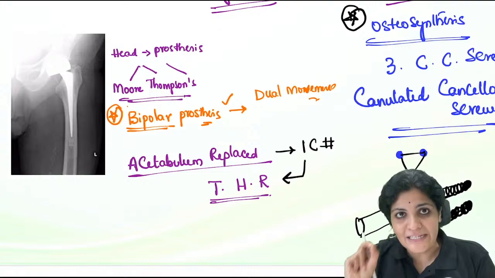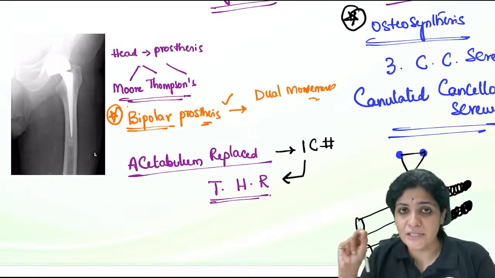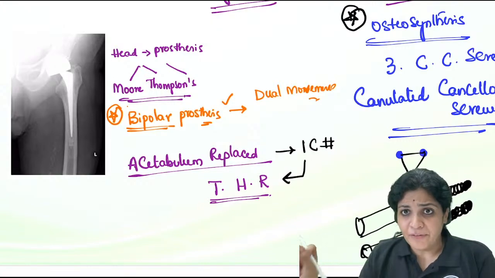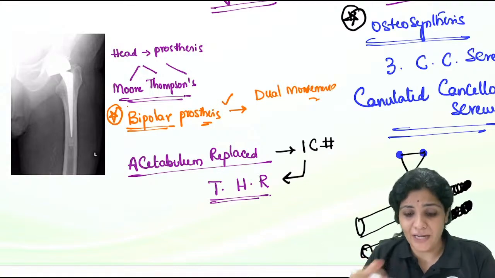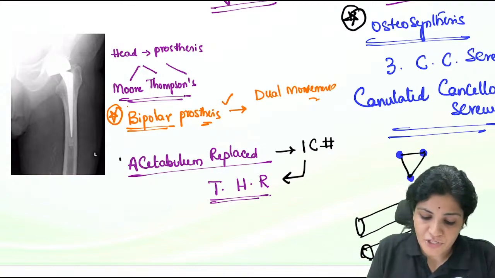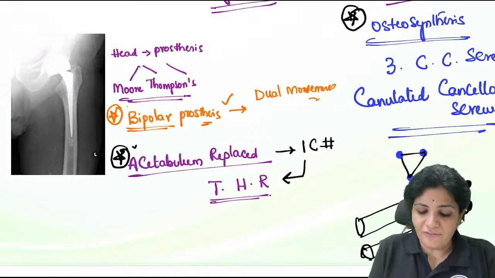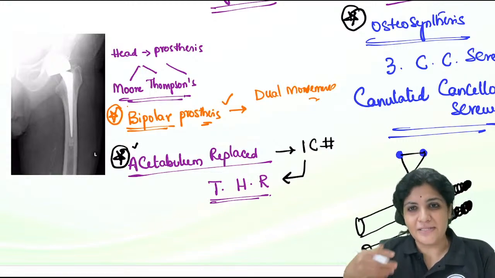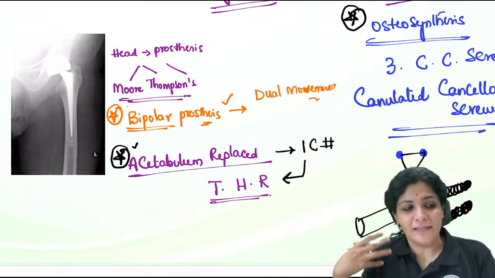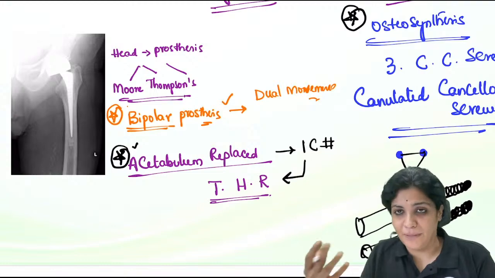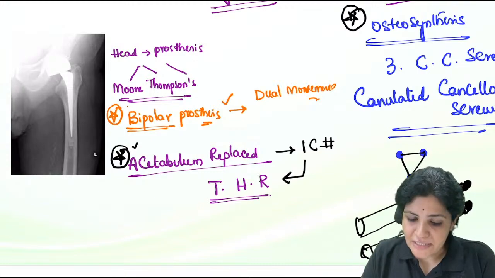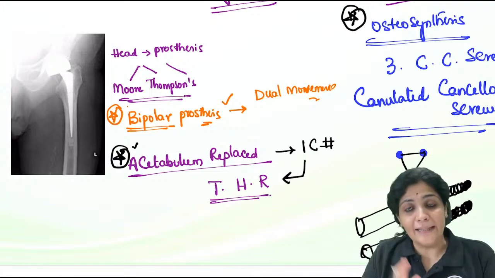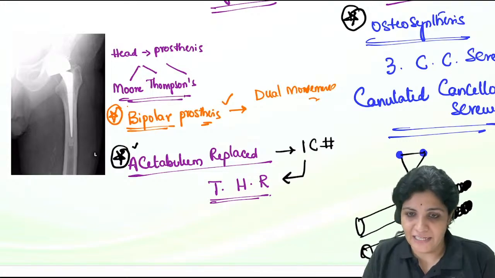If the age is more than 60 years, if the patient is normal and was actively walking before the fracture, then you can go for any of these options, but you have to check the acetabulum also. If the acetabulum also needs to be replaced, that means there is some arthritis in the acetabulum, then you can go for a complete hip replacement in one go. Or else you can treat her with bipolar prosthesis if the acetabulum is good, and then ask her to come back for THR.